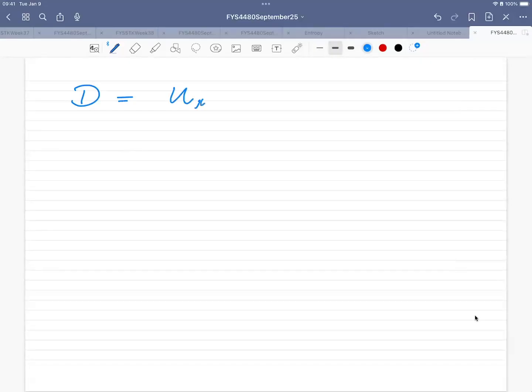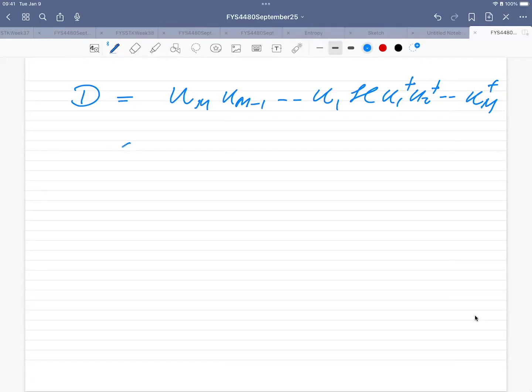So you would have up to n, so you have U n minus 1, and this goes all the way to the first one, and then you have the Hamiltonian, and then you have U 1, U 2 here, and that goes all the way up to U of n. So you would perform many such operations.